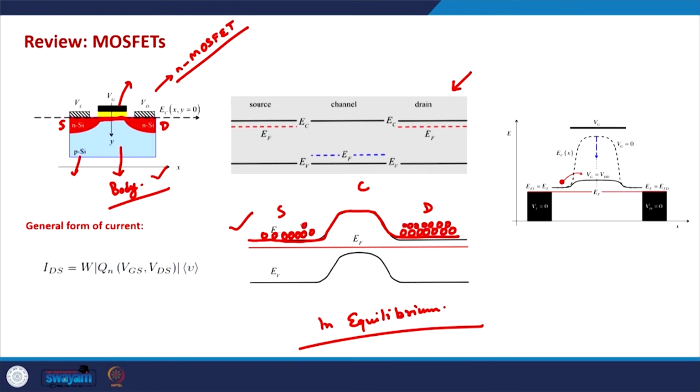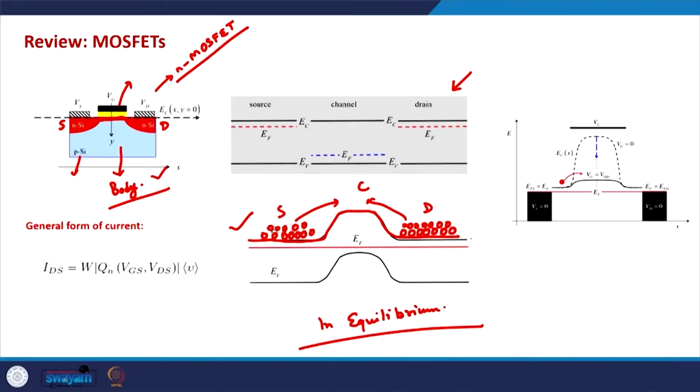If there is no drain voltage, the barrier for the source electrons and the barrier for the drain electrons is the same, and the probability of the source electrons crossing to the drain side and the probability of drain electrons crossing to the source side is essentially the same. If we apply a drain voltage, the bands on the drain side go down and a barrier asymmetry is created in the device.